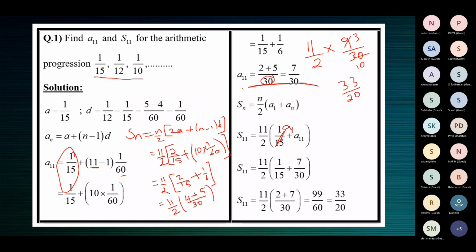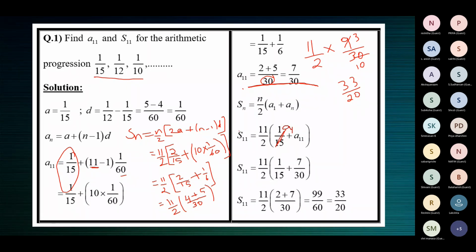To find S11, the formula is n by 2 of the first term plus the last term. A1 and a are the same, because A1 is the first term and a is also the first term. Sn is equal to n by 2 of the first term plus the last term, An.